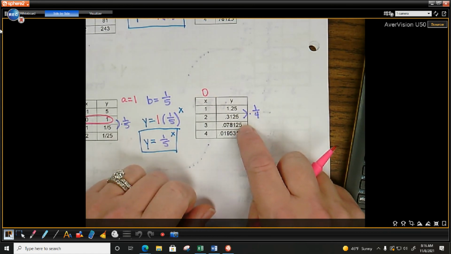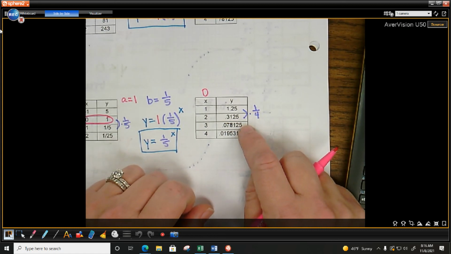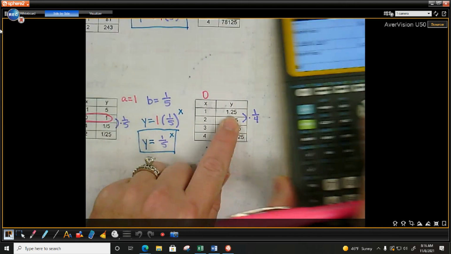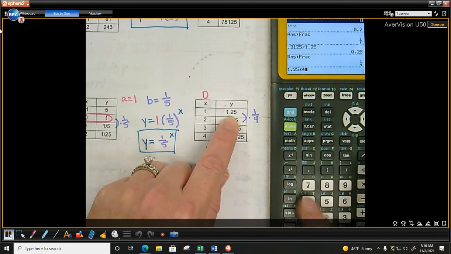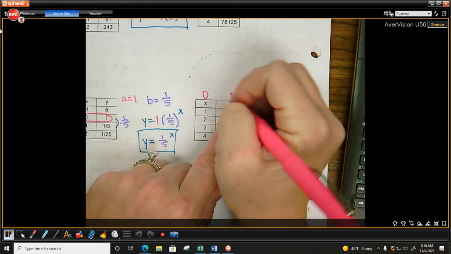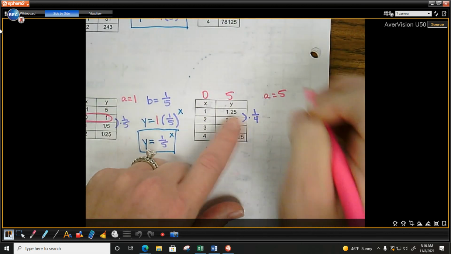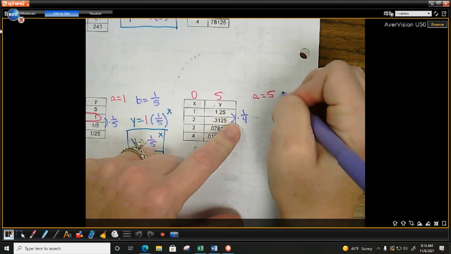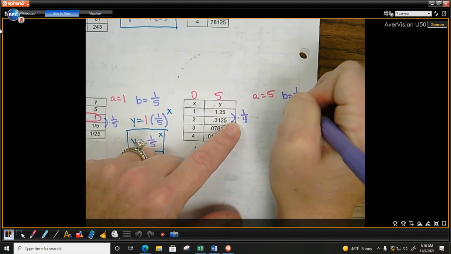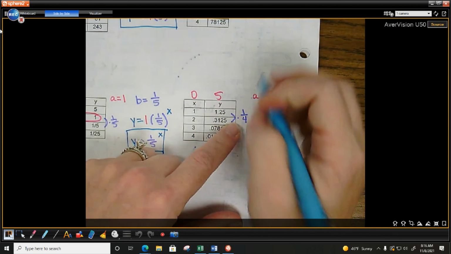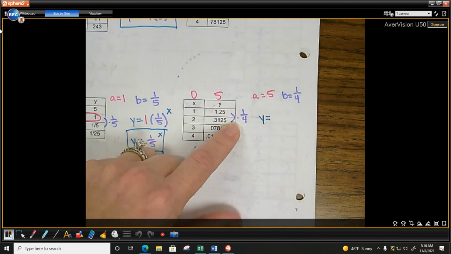So that is 5. So my A is 5 and my B is 1/4. So we can write our equation. Y equals 5 times 1/4 raised to the x power.